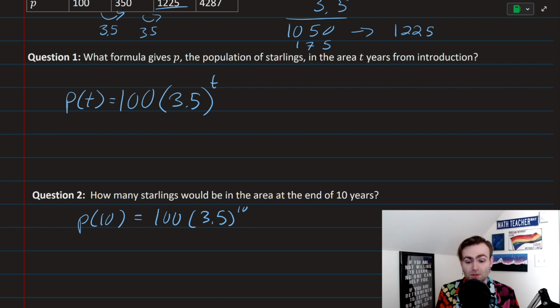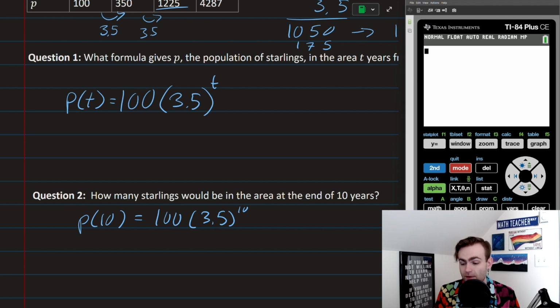You can multiply 3.5 by itself 10 times and then multiply by 100 and see what happens. But in this case, I'm going to cheat a little bit and pull up a calculator. So we can easily do 100 parentheses 3.5 and raise that to the power of 10. And we get quite a large number. Very difficult to do by hand, but possible.